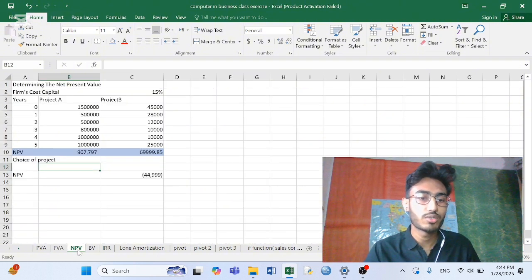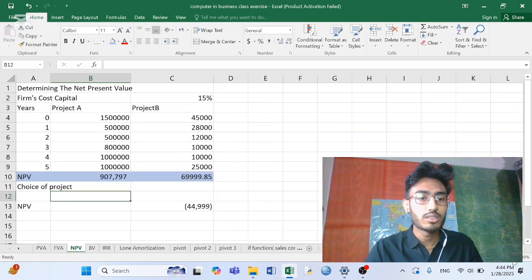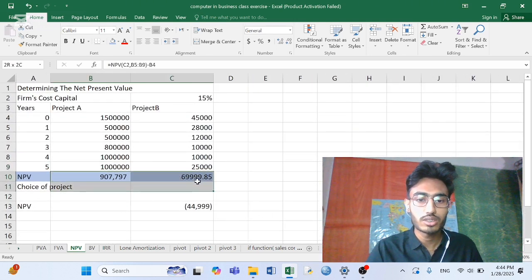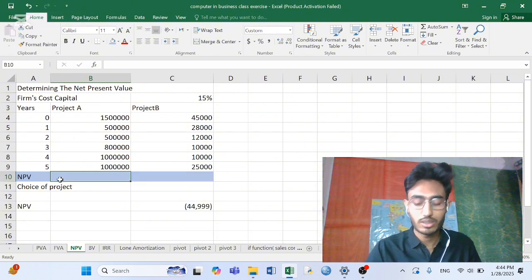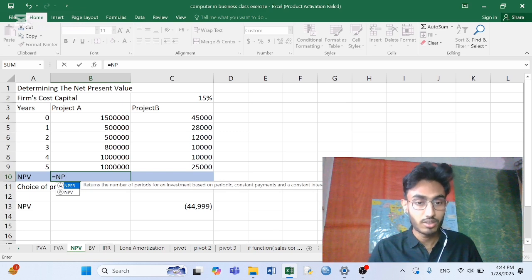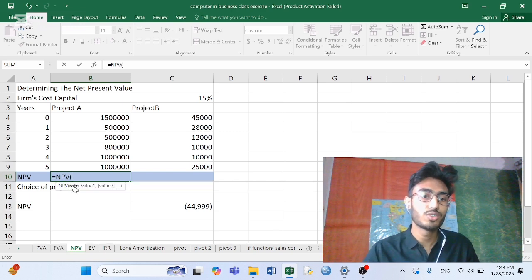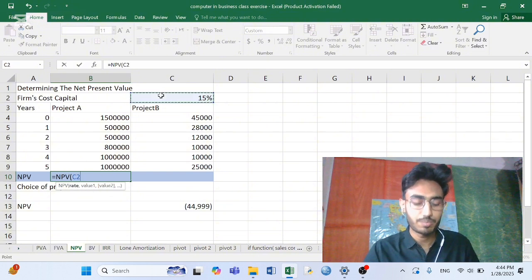Now it's time for net present value. To calculate the net present value, I did it before. First I should remove the stuff. Now to calculate net present value, it's equal NPV. We select the formula, and here we have two things, the rate and the values. Our rate is 15% here.